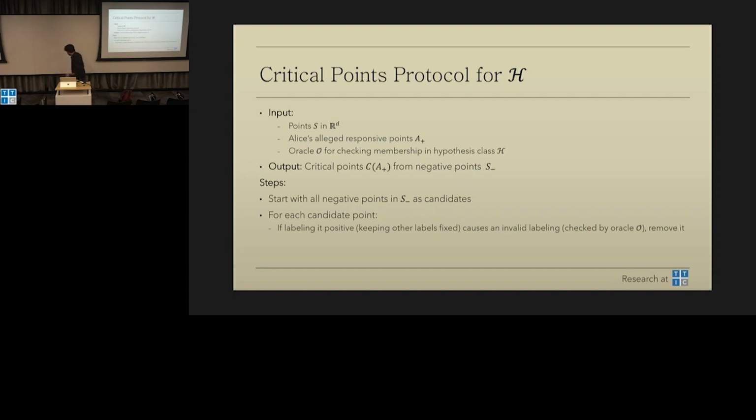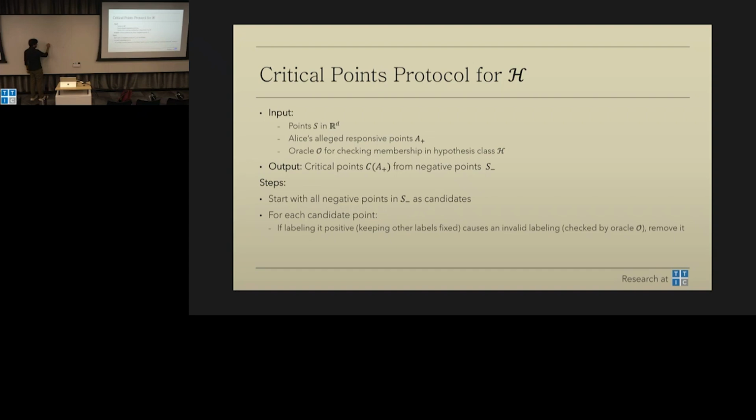So maybe I should draw a picture here. You have some bunch of points. These are all the points that are claimed as positive by Alice, and these are all the points which are labeled as negative.